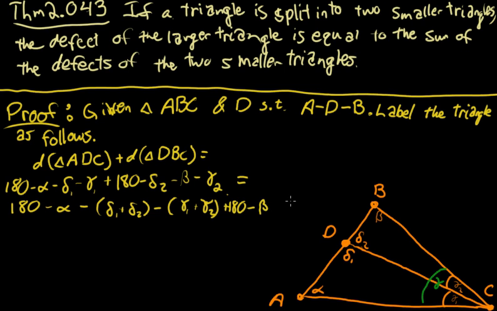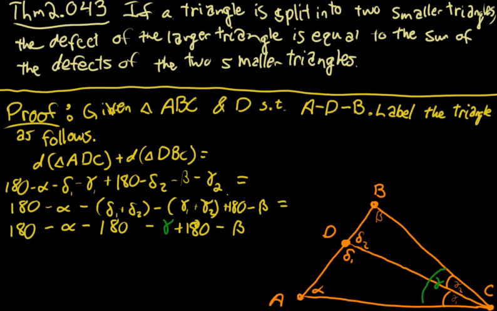And that's equal to 180 minus alpha minus, we'll just call, actually, these two gammas, if you notice, this is 180 degrees. So minus 180 minus our big gamma plus 180 minus beta.